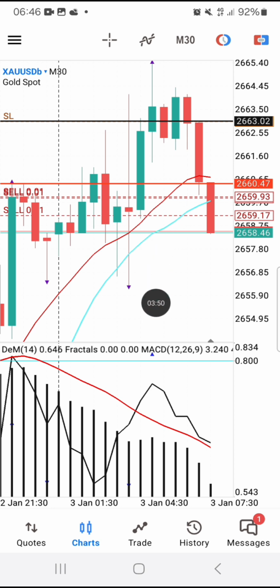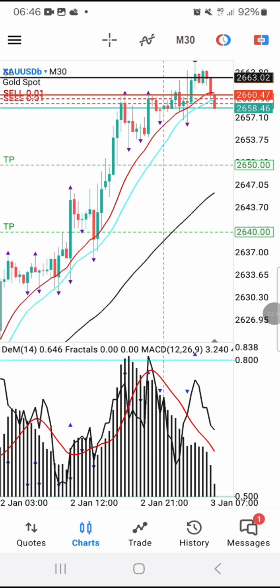SL point. So the implication is the stop loss, with 0.01 lot size, is going to be about $2.5, which is not much as compared to the profit target.